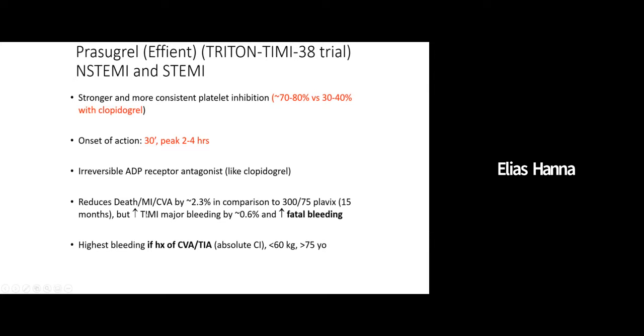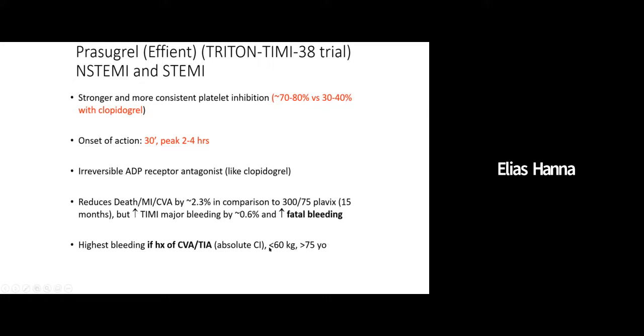The main thing in TRITON is that patients who have the highest bleeding risk and the least net benefit from it were those with a prior history of stroke or TIA. That's why this is an absolute contraindication to prasugrel. You should always ask that question before giving prasugrel. Weight less than 60, age over 75: those are relative contraindications.